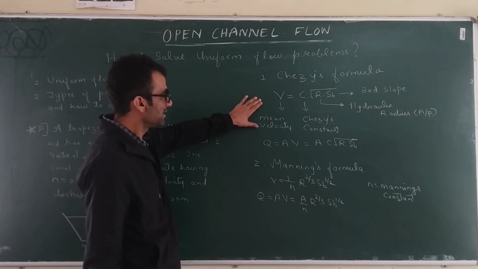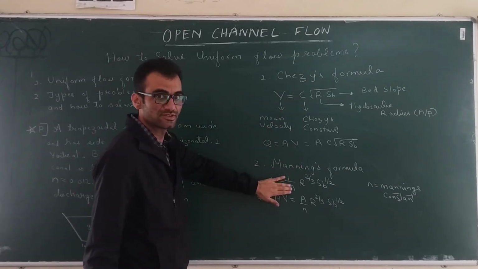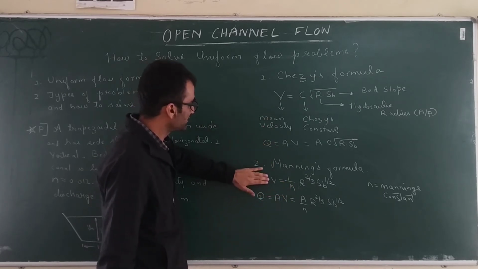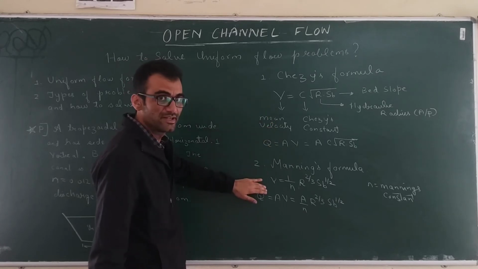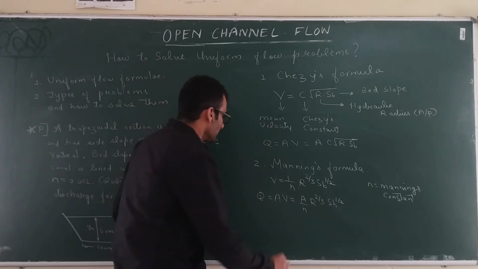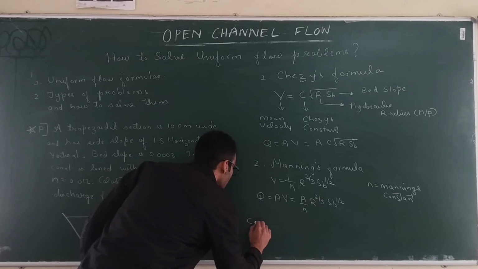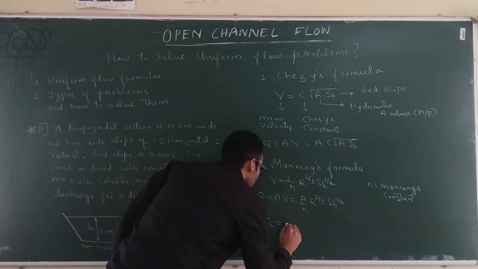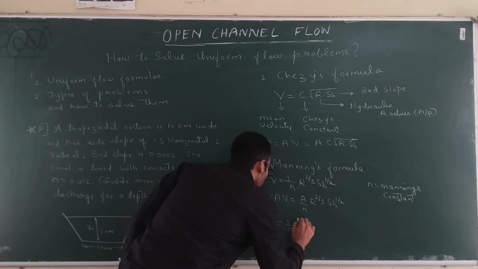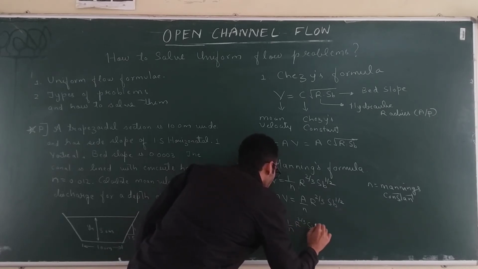Now there is a relation between Chase's constant and Manning's constant also. What is that relation? Just equate both the velocities. Both formulas are for mean velocity, so you can equate both. If you equate both, we get C root R SB is equal to 1 by N R to the power 2 by 3 SB to the power 1 by 2.